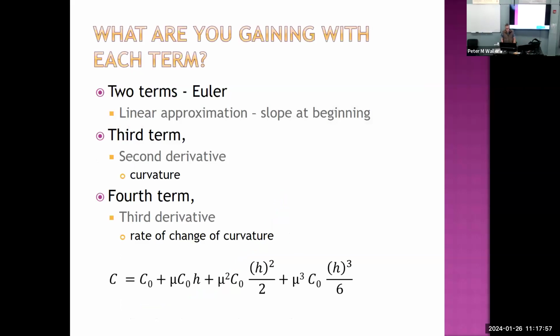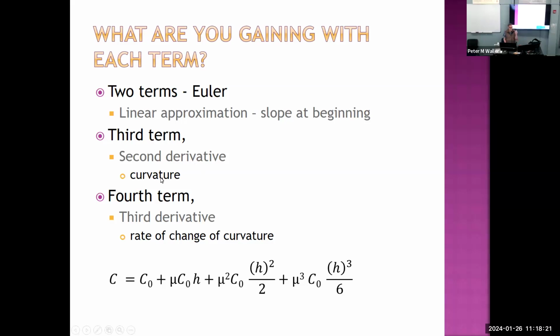Okay, so what is going on? The Euler method is a linear approximation. It's just using the slope at the beginning of the time step. And then it's underestimating. It's not getting the curve, right? It's just doing the increase according to the initial slope. The third term is the second derivative, and so it gives you the curvature.